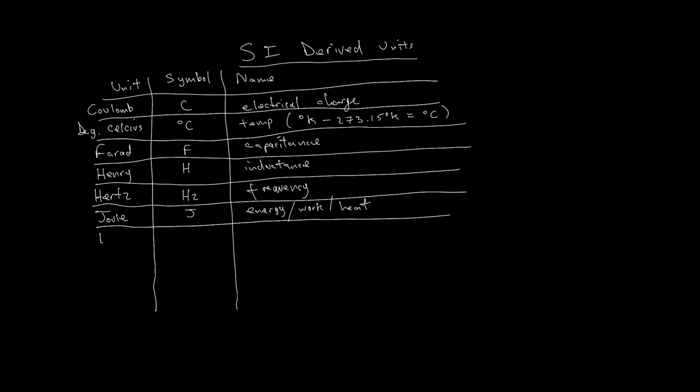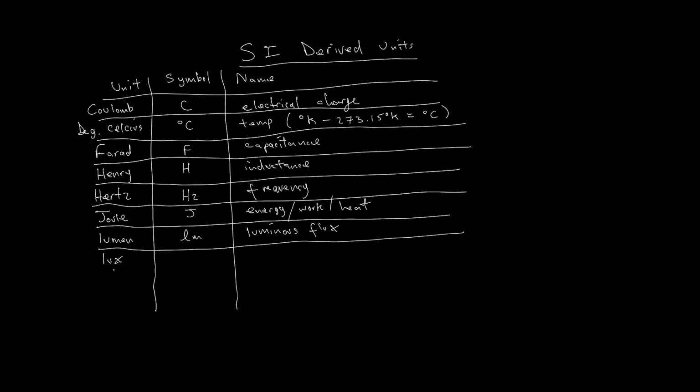Okay, a lumen. Lumen, lowercase lm, this is to do with luminous flux, which is a bit analogous to magnetic flux, which no doubt you've seen in the earlier video to do with magnetic flux.